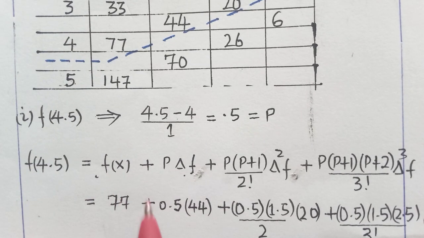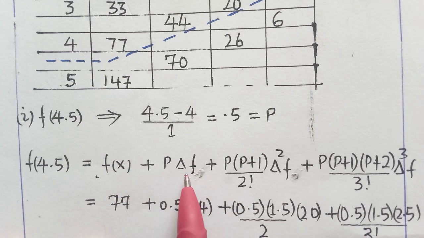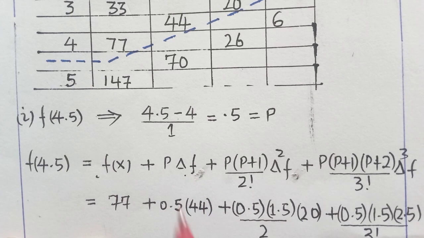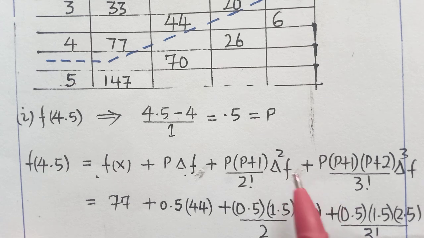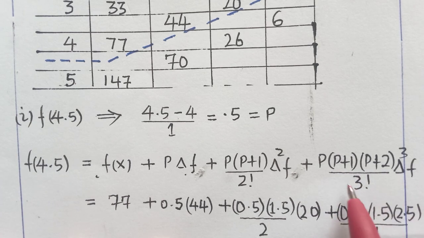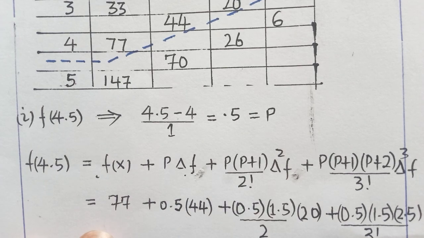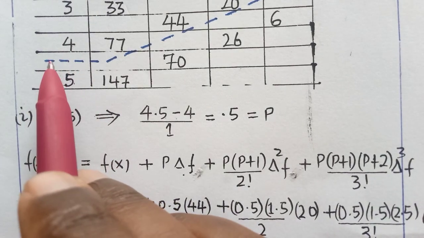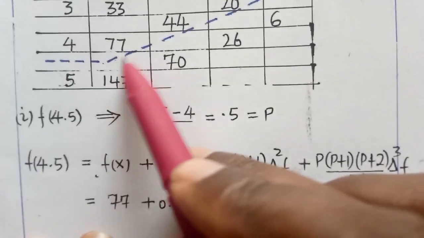We have fx plus p, you multiply by the first derivative, then p bracket p plus 1 all over 2 factorial, you multiply with the second derivative, and then you go to p, p plus 1, p plus 2 all over 3 factorial, you multiply by that derivative. The first derivative, we draw a line here, guys, where we find our 4.5. And then from there, we can draw the diagonal like that.